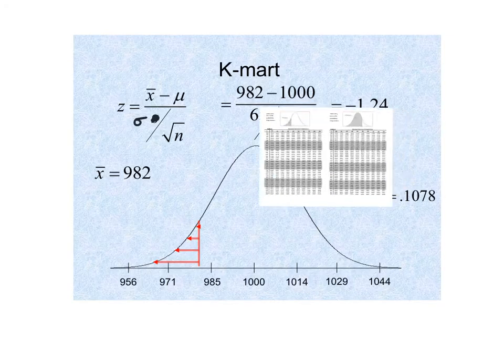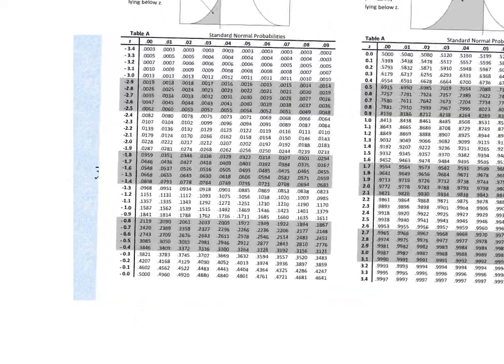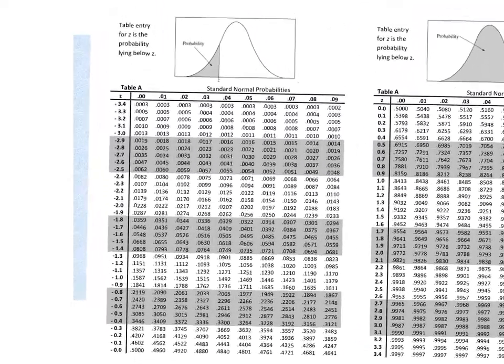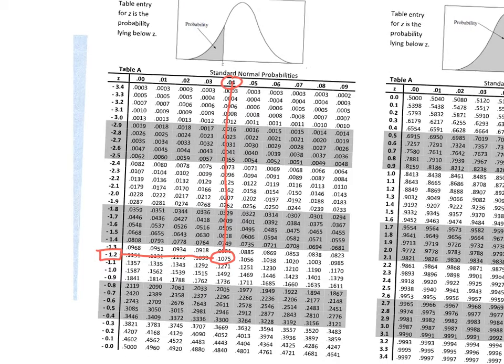So if I go to the Z table, I'm looking for negative 1.24, which brings me to this value. Okay. Negative 1.24 gives me 0.1075.